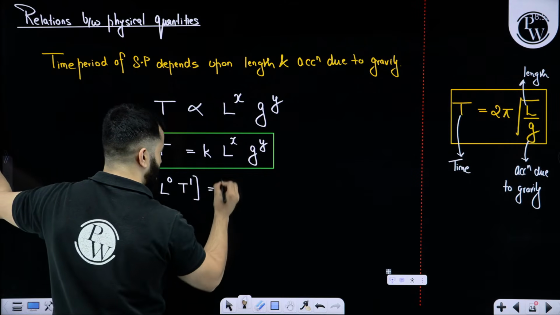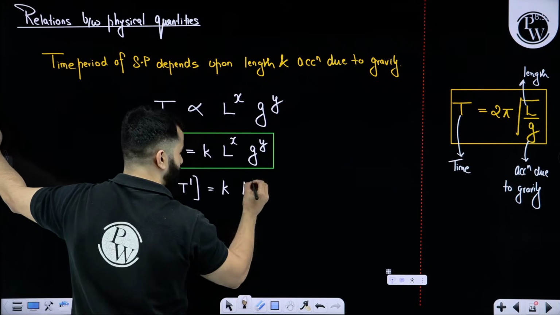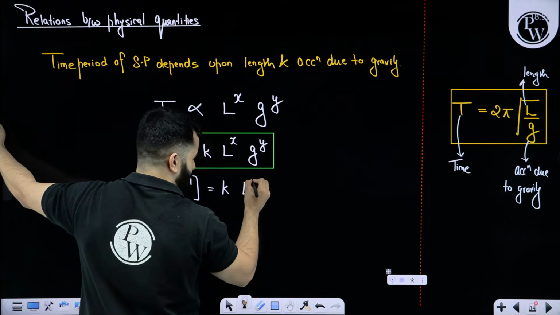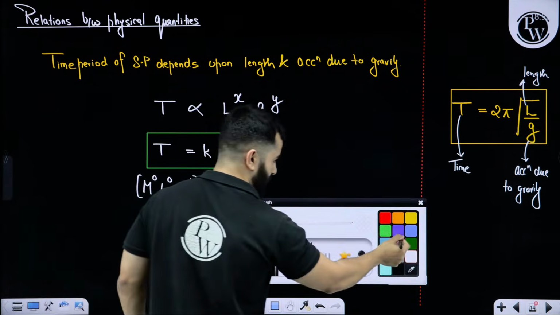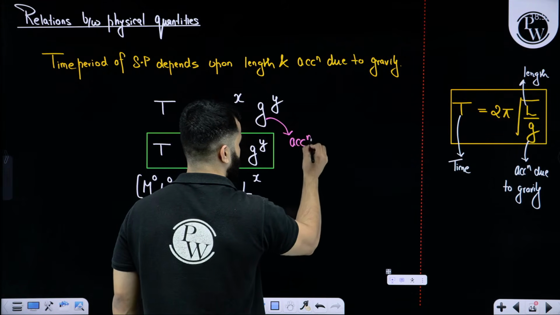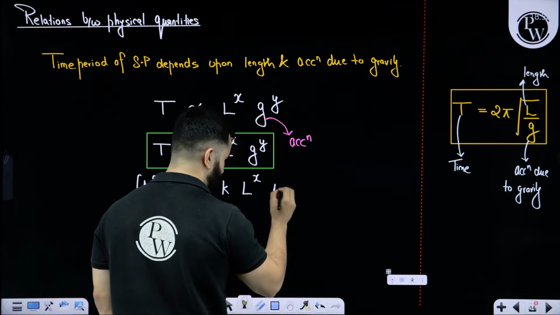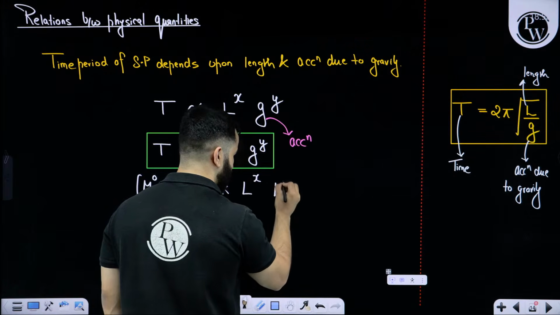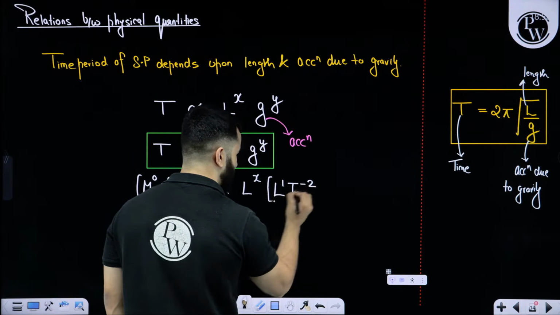Over here, you can do the same thing. Instead of length, we simply write L raised to the power x. This G is an acceleration, right? Acceleration basically means there is no mass, but certainly there is length, and there is T raised to the power minus 2, and the whole raised to the power y.